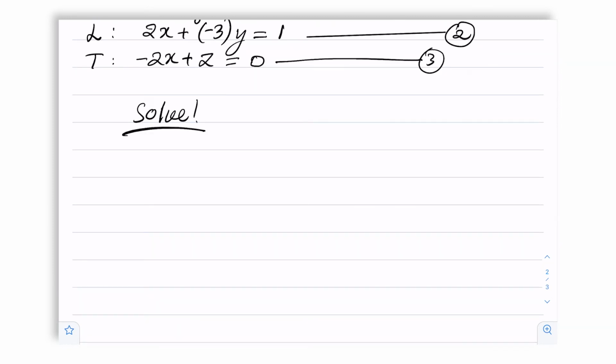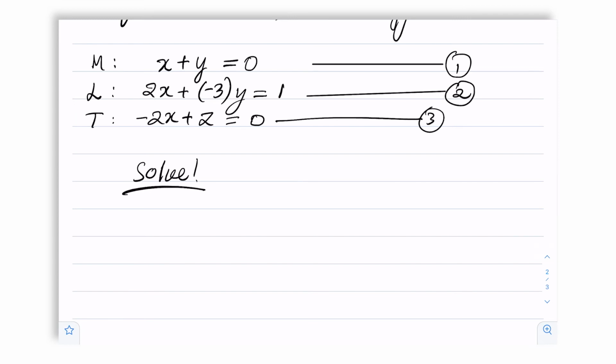The way we solve them is that we can simplify these equations.